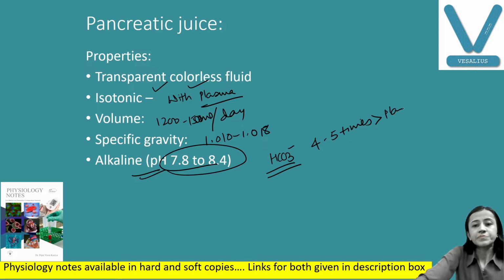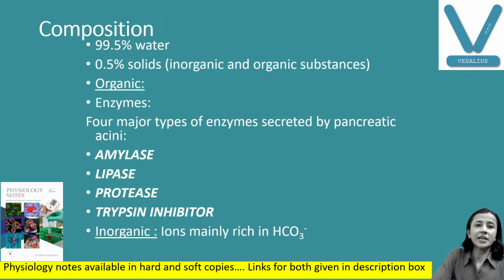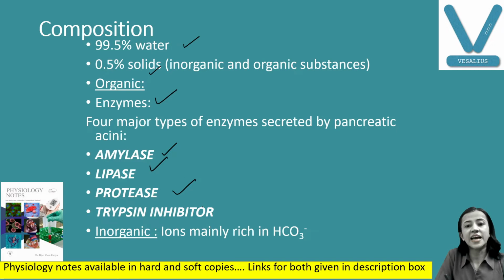Now, what is the composition of pancreatic juice? It consists mainly of 99.5% water and 0.5% solid. The solids are organic and inorganic both. Organic solids are mainly enzymes. 4 major types of enzymes are secreted by the pancreatic acini. They are pancreatic amylase, lipase, proteases, and trypsin inhibitor. We will discuss the function of each one by one. And inorganic are ions.